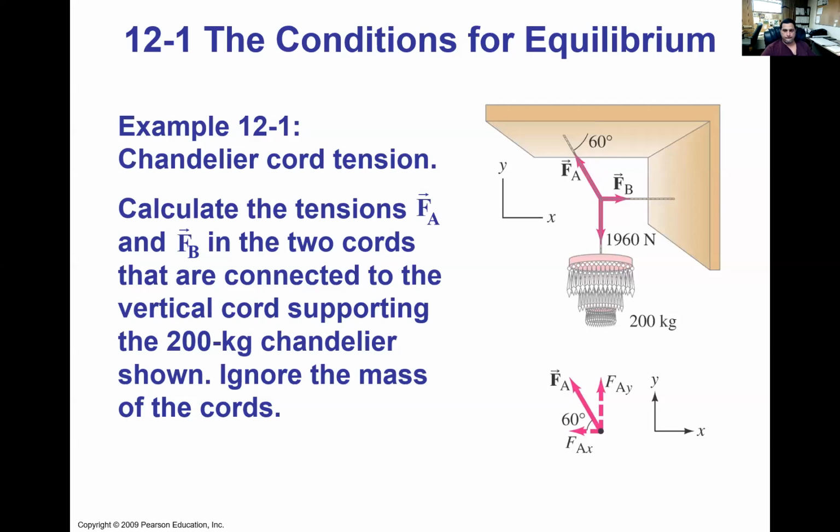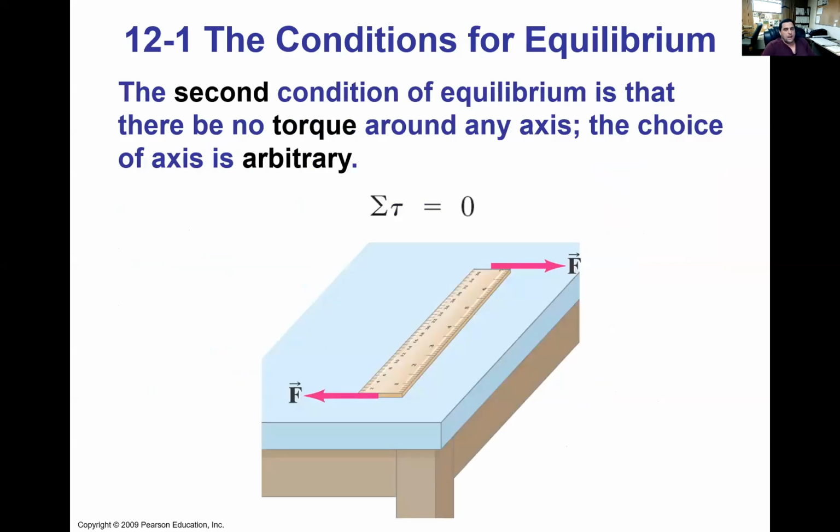I'm going to go back over to PowerPoint. So we just solved for those two tensions in those two chords. The second condition for equilibrium has to do with the subject we started talking about in the last chapter, and that is torques. Now, when you get to statics, a lot of statics texts will refer to torques as moments.